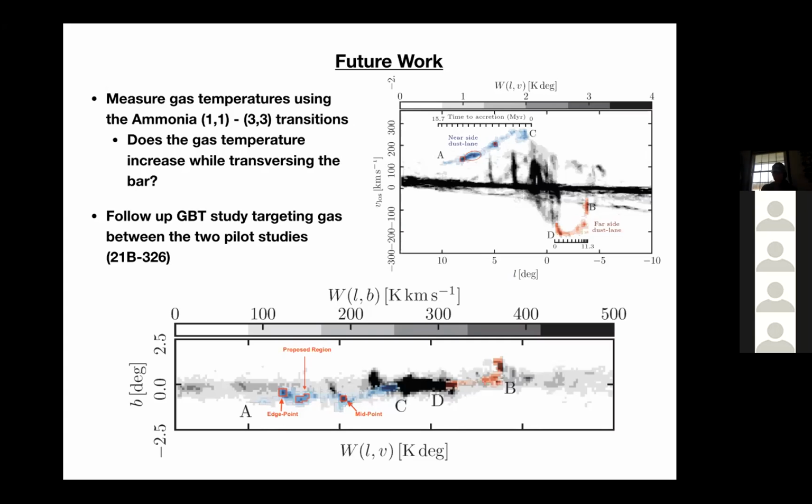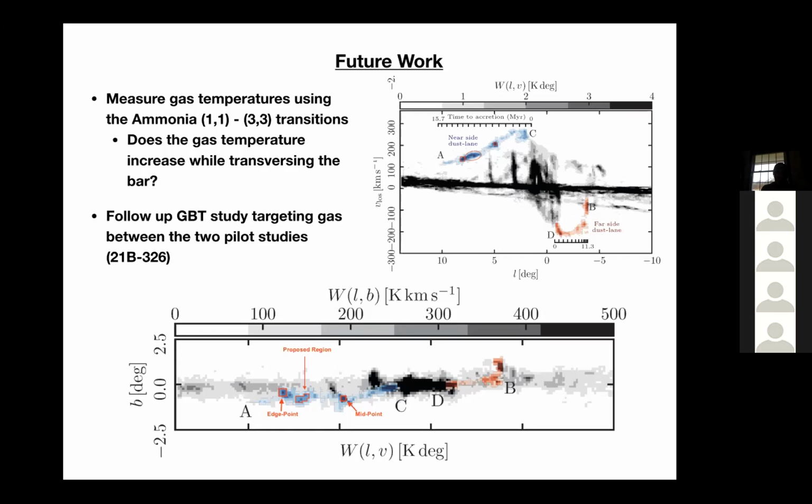That is what we're planning on doing over the next couple of months: use the detections that we have to measure the gas temperature and then compare those to gas that we observe at the galactic disk versus gas that we observe in the galactic center.